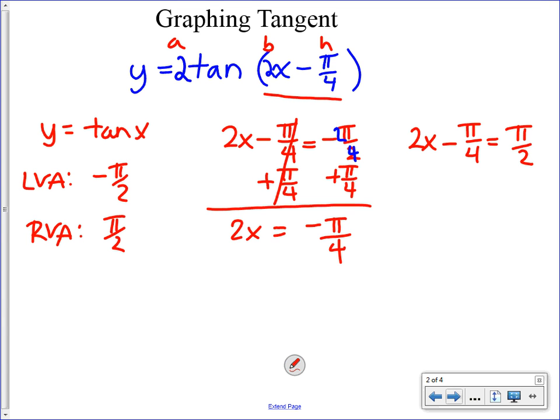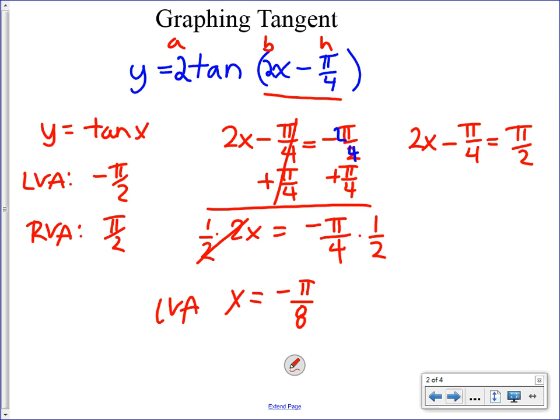And then to solve for x, or to undo our multiplication, we're going to divide by 2 on both sides. But remember, that's the same as multiplying by 1/2, and that might be a little bit easier since we're dealing with fractions. Multiply straight across, and we get negative pi over 8. So this is going to be our left VA.